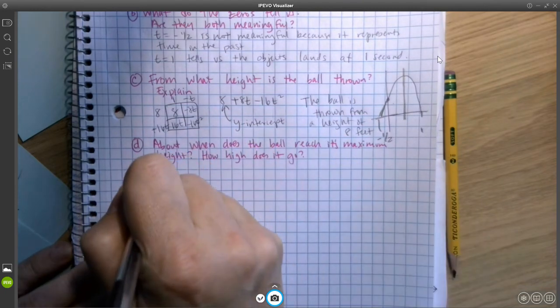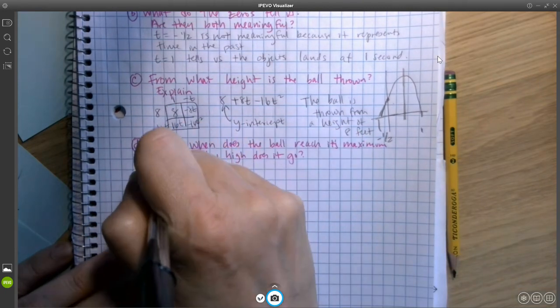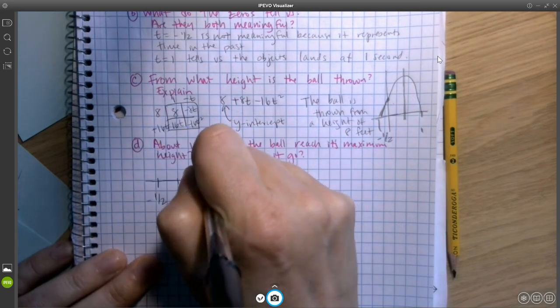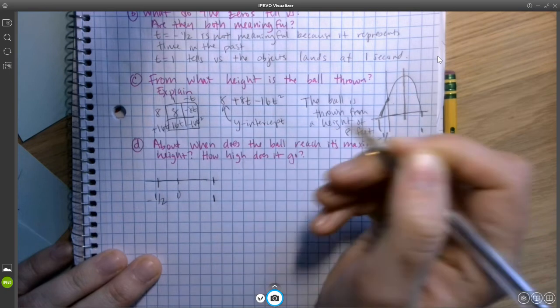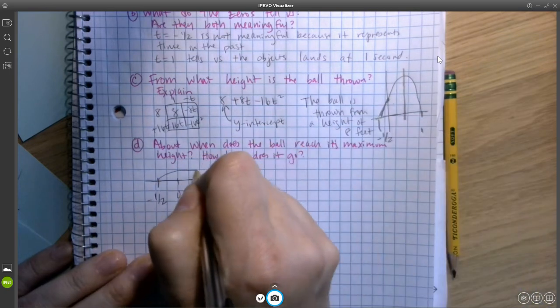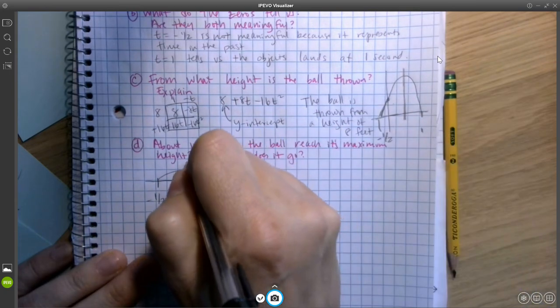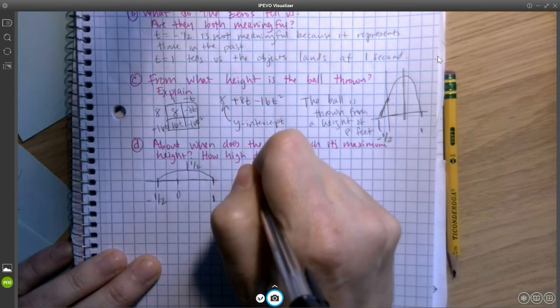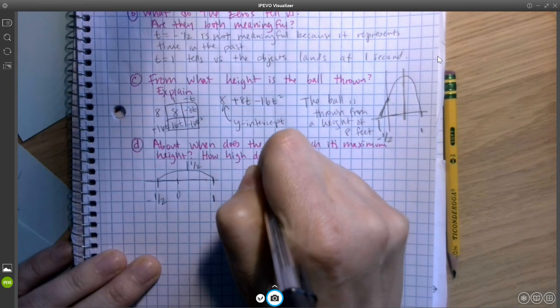If I think about a number line, this is negative a half, 0, and 1. The distance here is 1.5 spaces, or 3/2 spaces.